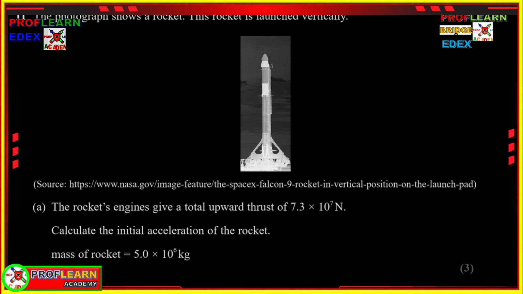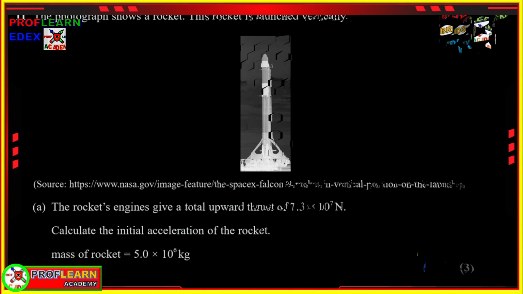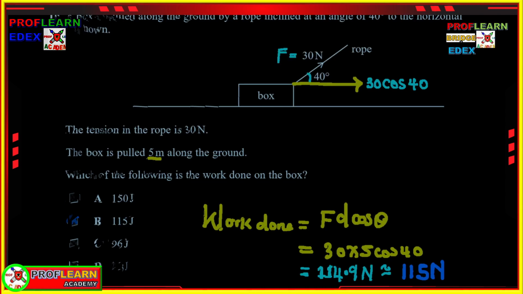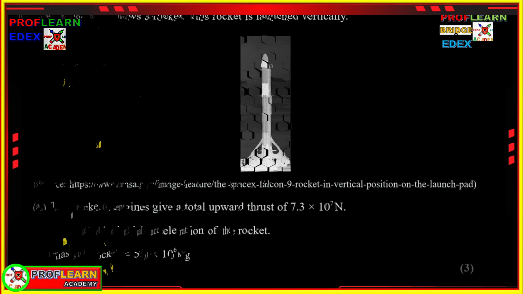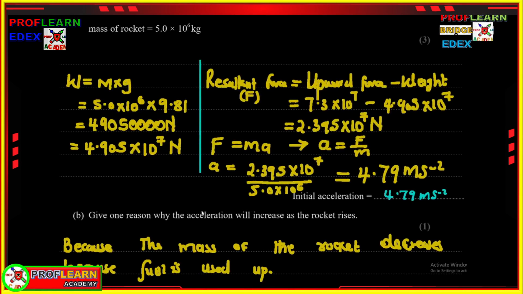When the rocket is moving upwards, we have an upward force, which is the forward thrust, and a downward force, which is the weight of the rocket. To work out the resultant force, we use the formula for weight, then subtract the weight acting downward from the upward thrust, which gives 2.395 times 10 raised to the power 7 newtons as the resultant force.